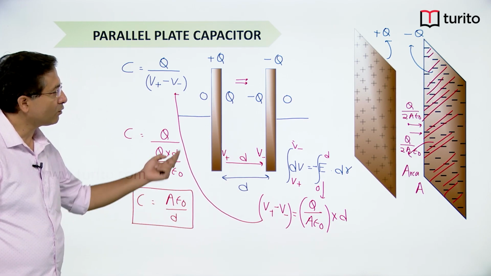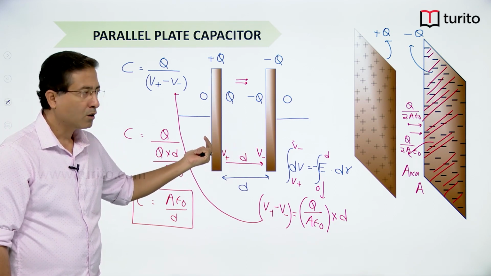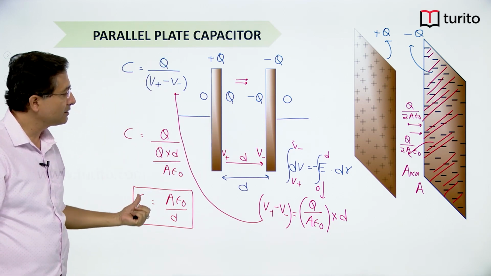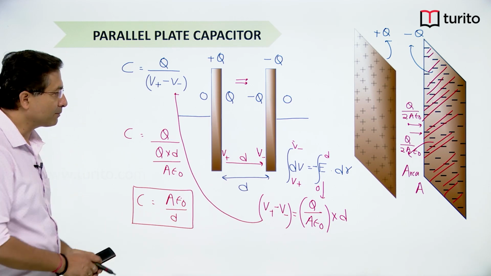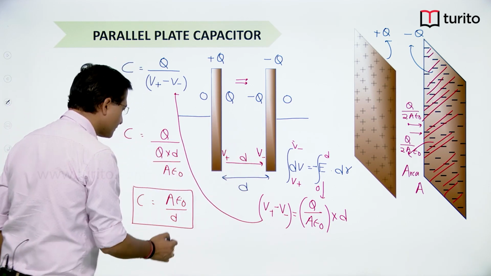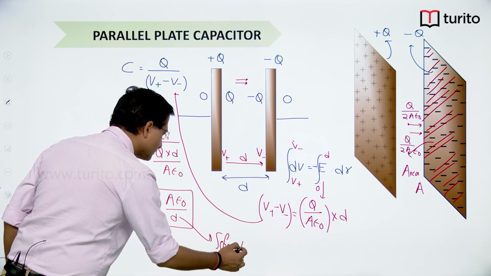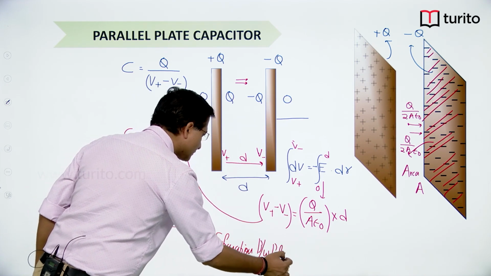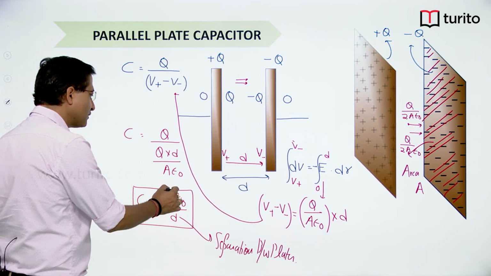The capacitance of a two plate system or parallel plate capacitor is given by the formula C equal to A epsilon naught by d, where d is the separation between the plates, and A is the surface area of the plate.